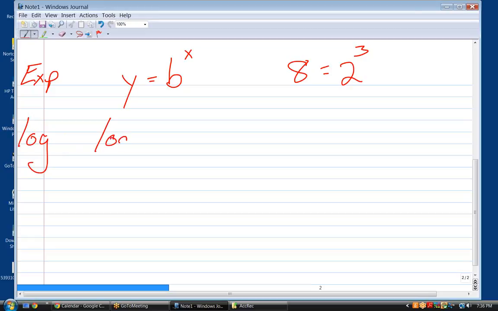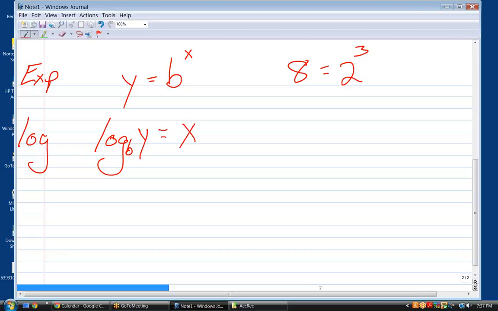Log base b of y equals x. The only thing you ever have to really remember is that logs are exponents.